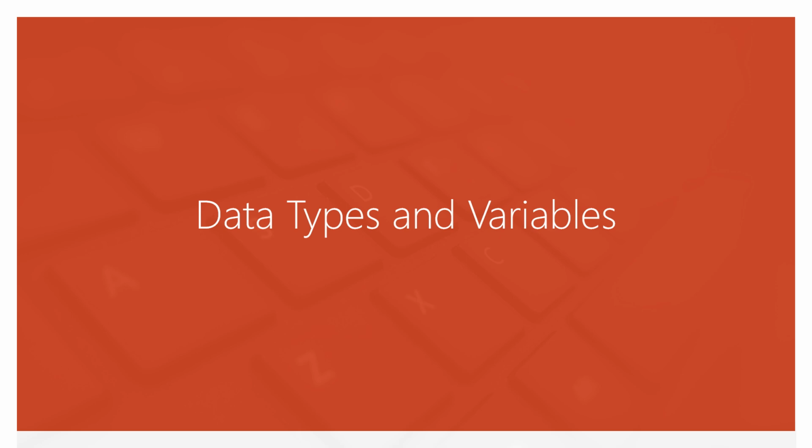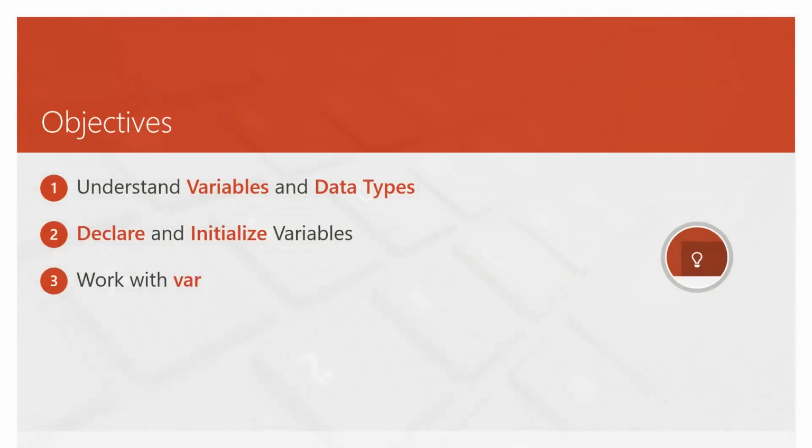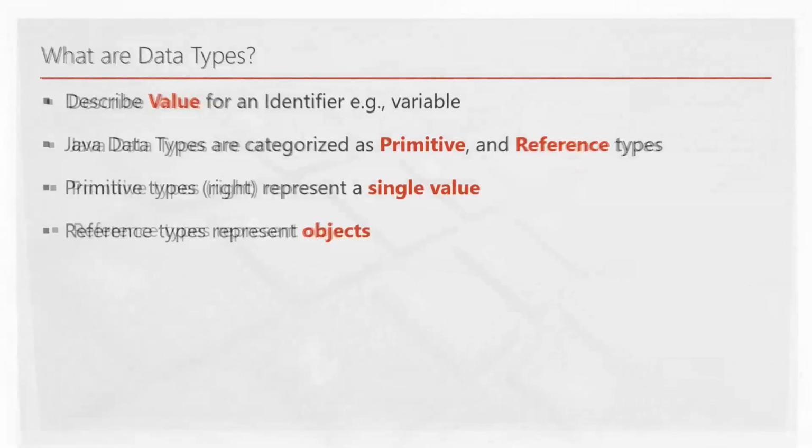Our next topic is data types and variables. For our objectives, we will understand variables and data types. We'll declare and initialize variables and work with var. A data type describes the value for an identifier, for example, a variable.